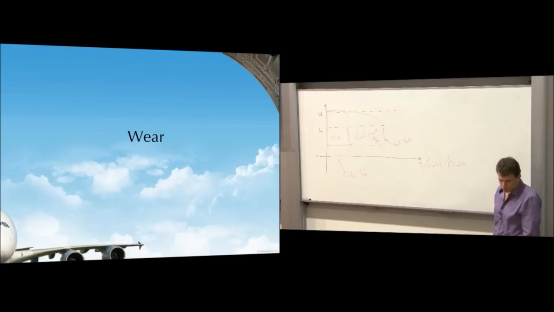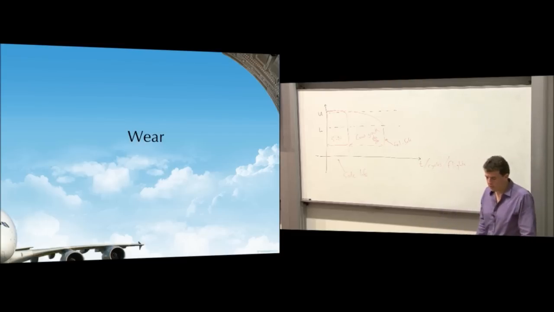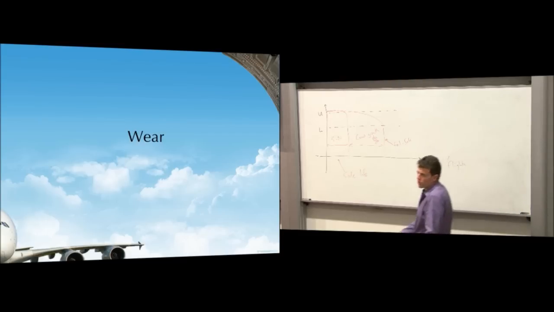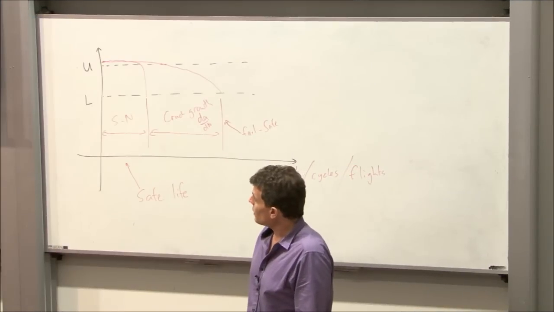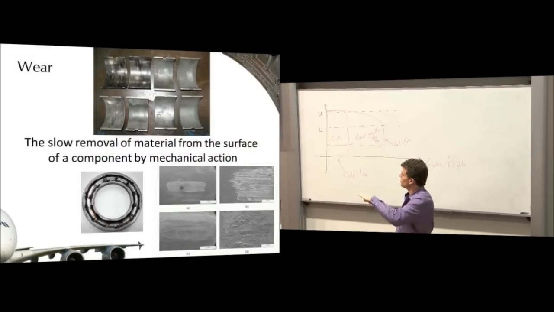All right, so we'll talk about wear, which is the second last of our aging mechanisms. I won't go into any analytical detail with wear, I'll just talk about what it is. Wear is a surface removal of material. So we're talking about the slow removal of material from a surface by mechanical action.